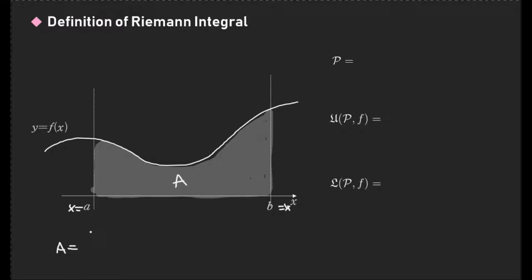The area A is the integral from a to b of f(x) dx. If a nice function f(x) is given, we can find the antiderivative function, and with the fundamental theorem of calculus, we can evaluate this area.